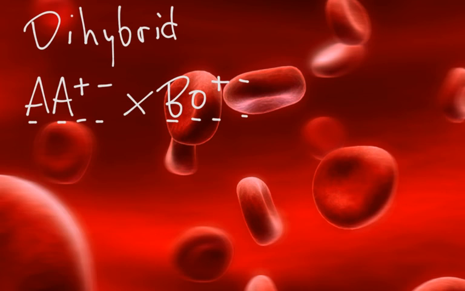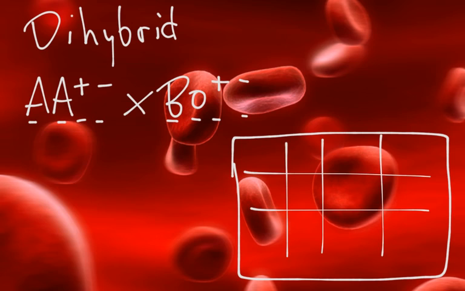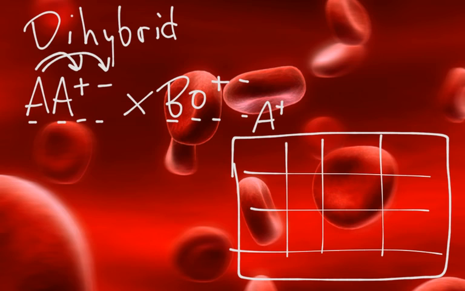There's a couple ways to do this. If you want to, you can draw the big Punnett square that actually has 16 squares in it, and we do the first with the first, and then the first with the second, and we distribute and come up with the different possible gamete combinations, and so forth and so on.